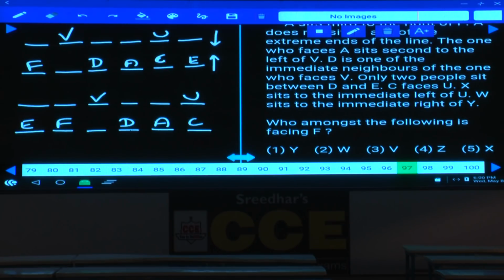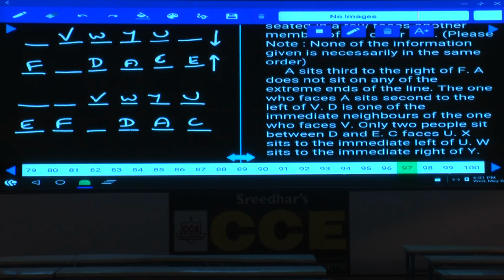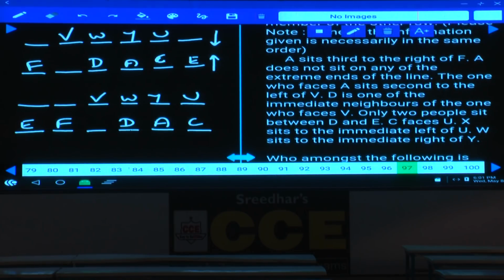C faces U, and W sits to the immediate right of Y. W is to the immediate right of Y, and it is the same here. Anything else left over? A sits third to the right of F. A does not sit at any extreme end.